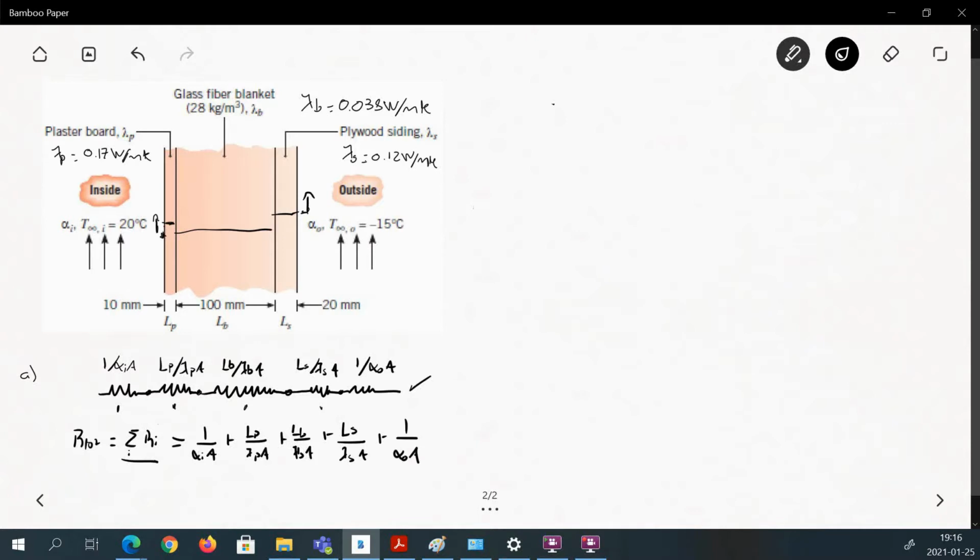Once we got this expression, then we can replace the values to get our value of the total resistance.